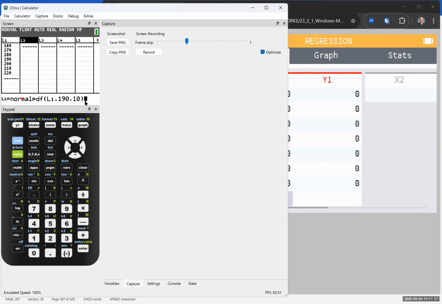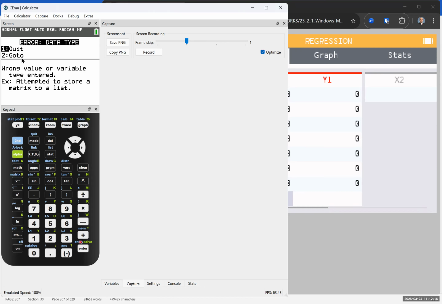There we go. So it's going to take all these values as inputs into the normal distribution with a mean of 190 and a standard deviation of 10, and it's going to calculate Y values for each of those. So I'll hit enter. It didn't like it. I was afraid that was going to happen, but I thought I would try it.